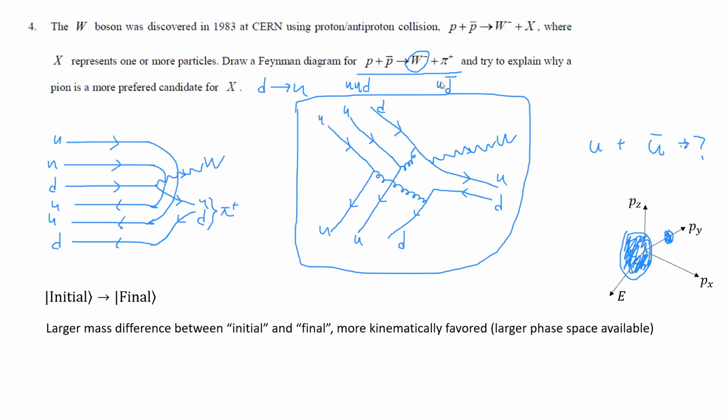And that's why pion is more preferred, because if there are other species or more particles, then the mass difference between the initial state and final state will be larger, and so they are not preferred.